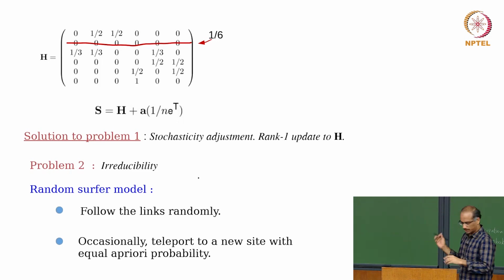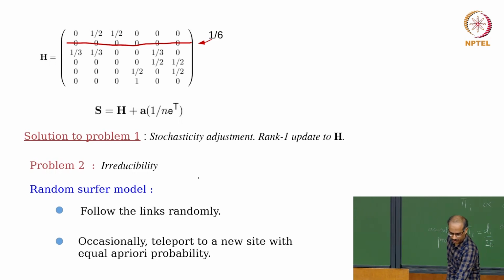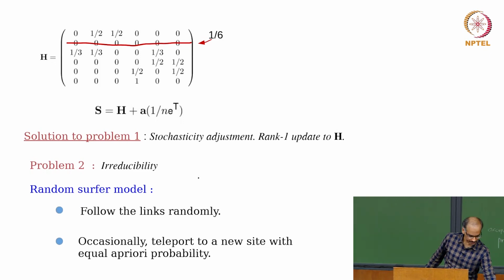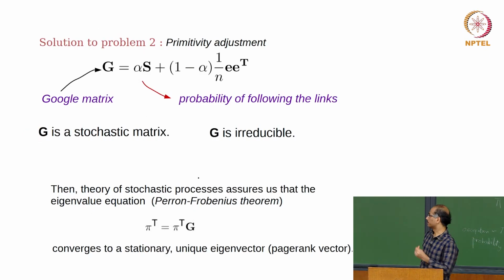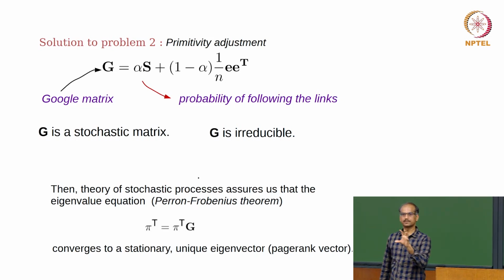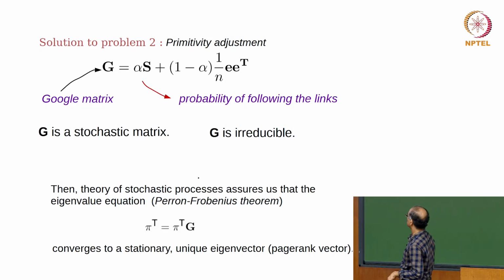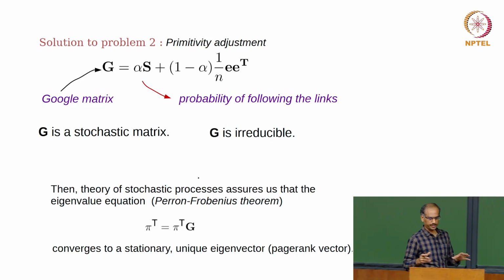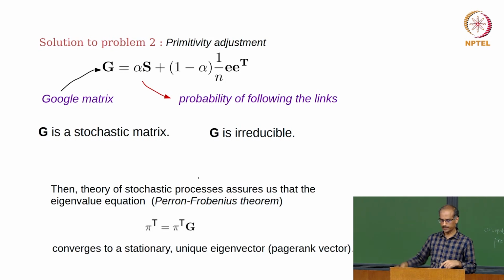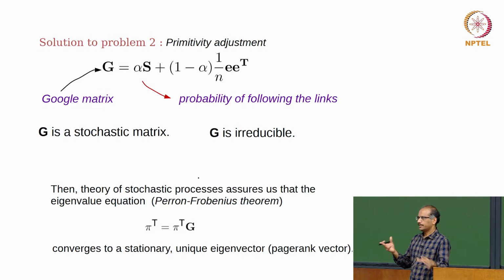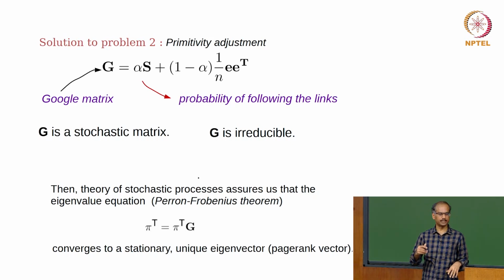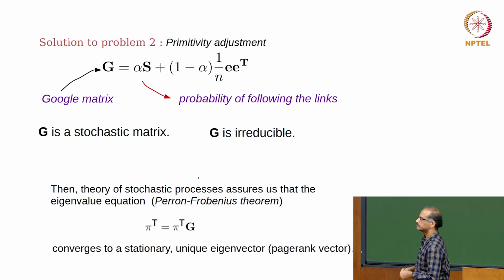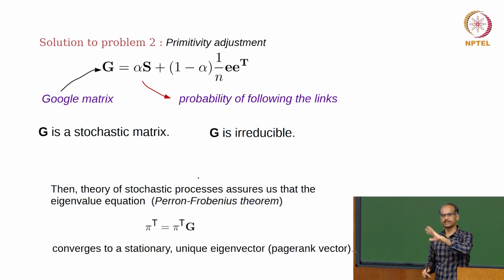Okay. So the solution to the second problem is that occasionally you simply teleport to a new site with equal a priori probability. Which means that you have this matrix S. So you will use that transition probability matrix until you keep following the links, but every now and then, the way you say that you get bored of following the links, you simply teleport to an arbitrarily new website and keep doing the same thing again.